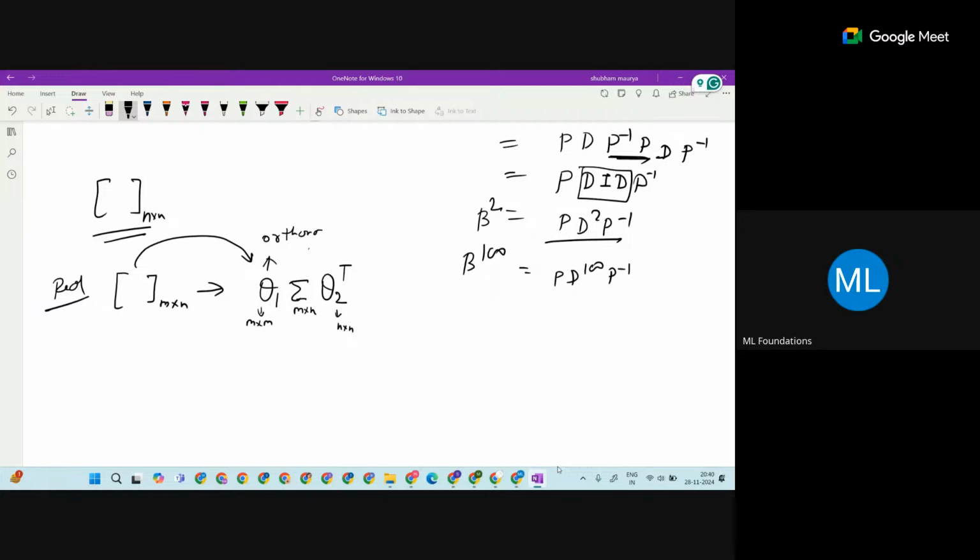So q1 is going to be orthogonal, and q2 is also going to be orthogonal, as these are square matrices. We are doing some simplification here. This rectangular matrix we simplified to orthogonal and square matrices.